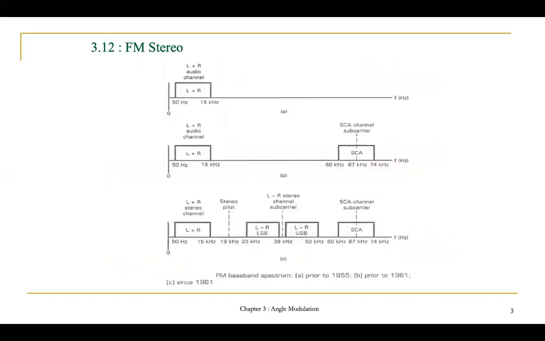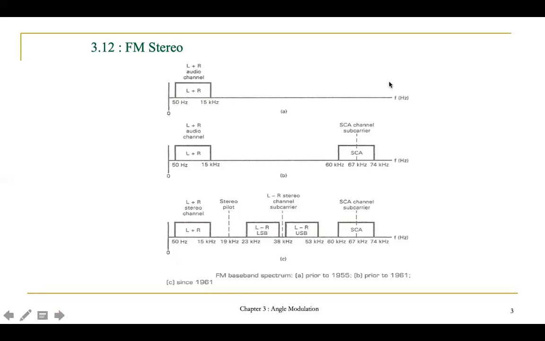So this figure shows the FM baseband spectrum, or the frequency spectrum. Figure A is the spectrum prior to the year 1955, figure B is the spectrum prior to the year 1961, and figure C is the frequency spectrum since the year 1961.